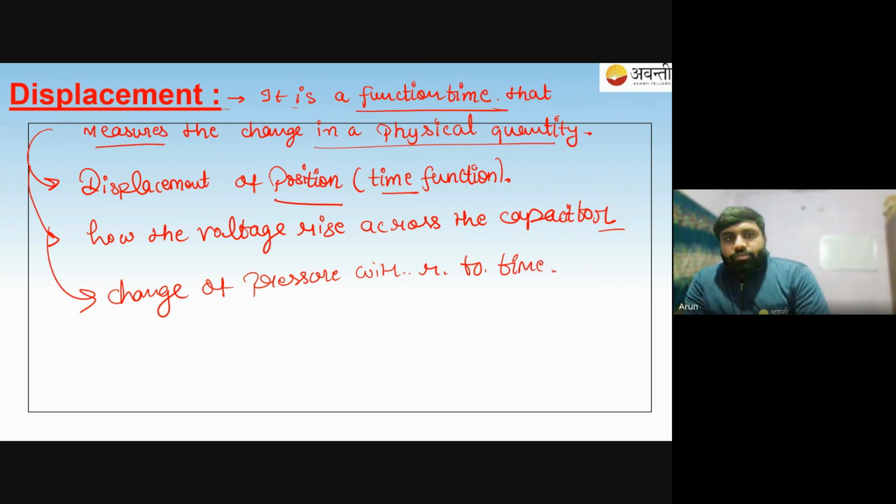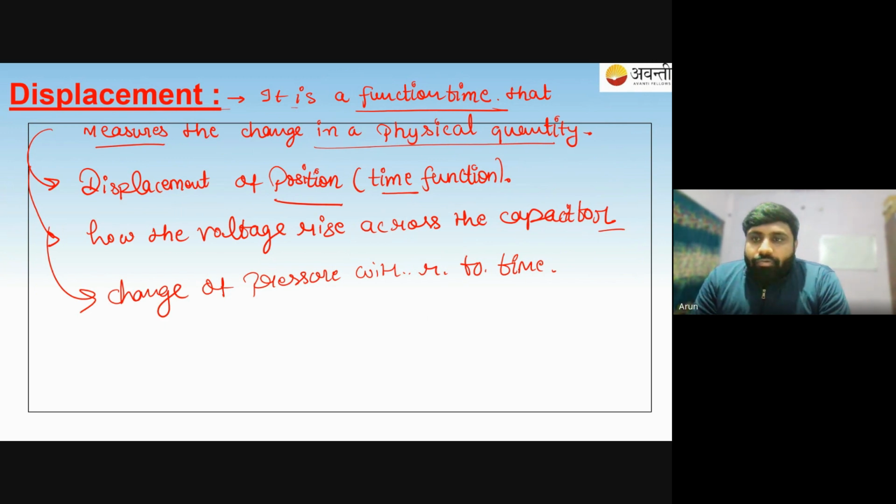So displacement is not strictly related only to the change in position or the minimum distance between 2 points. Displacement is related to each and every physical quantity which is a function of time, whose value varies with time. Now I think it is clear to you.